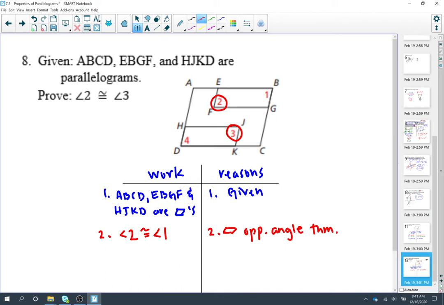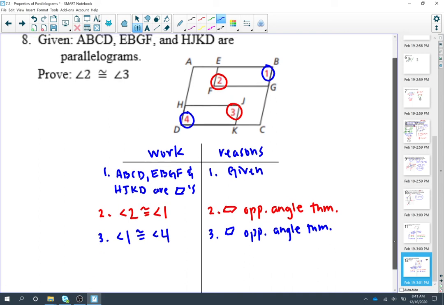Then, now that I have angle 1, I'm going to say that angle 1 is congruent to angle 4. Now that's also the parallelogram opposite angle theorem, except instead of being in the small parallelogram, now we're looking at the big parallelogram, opposite angles.